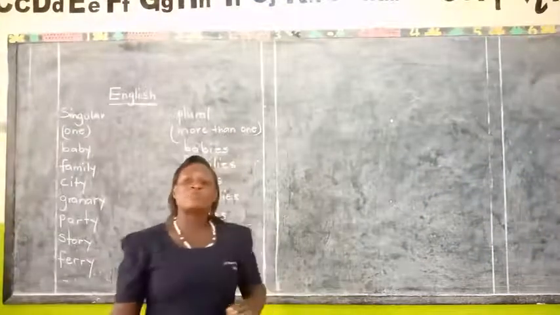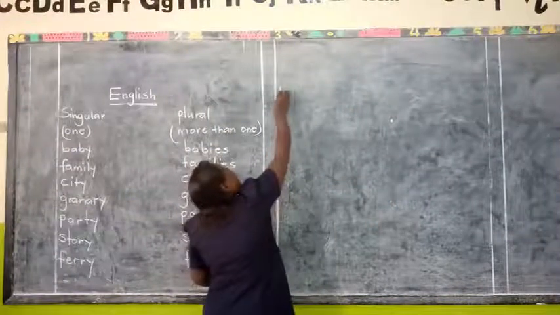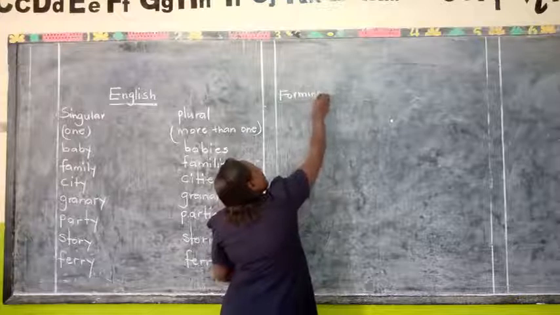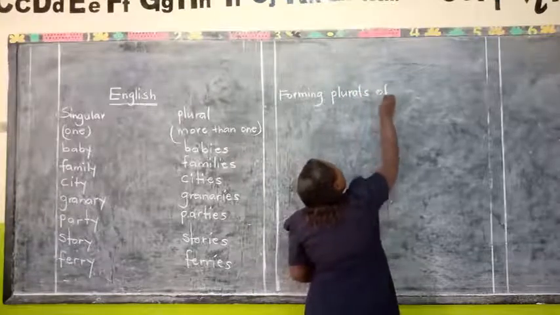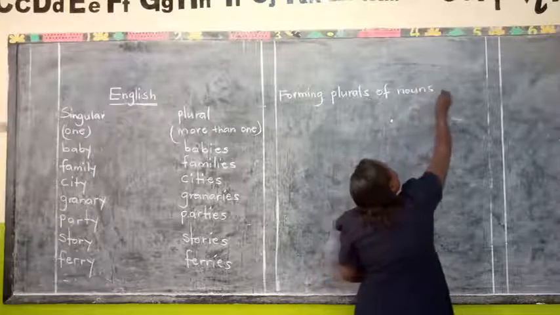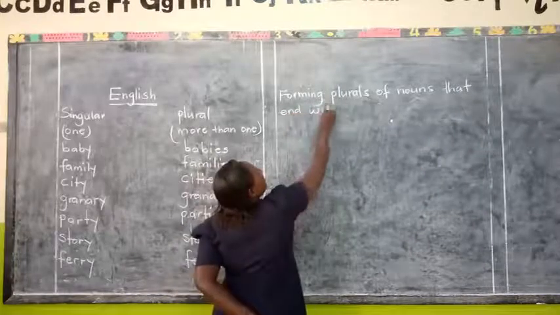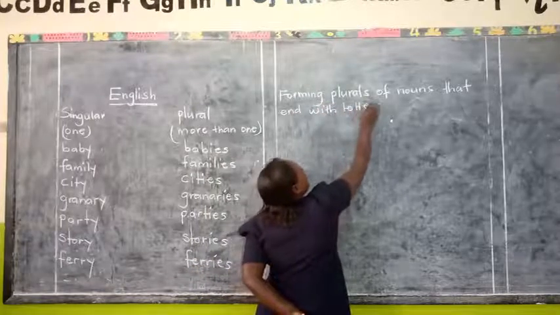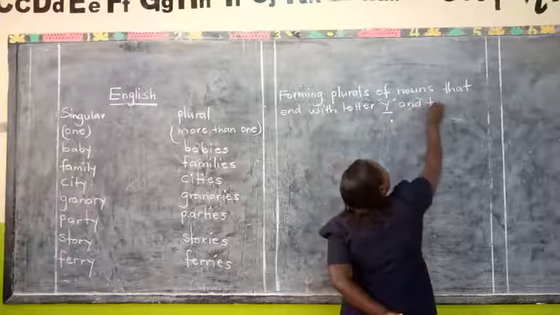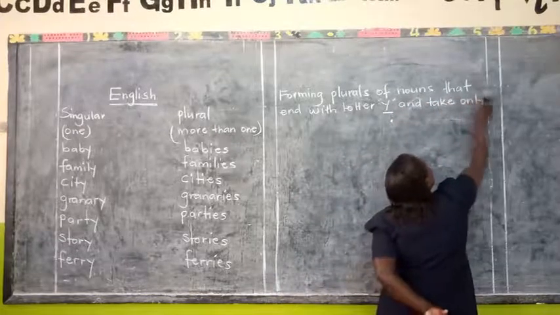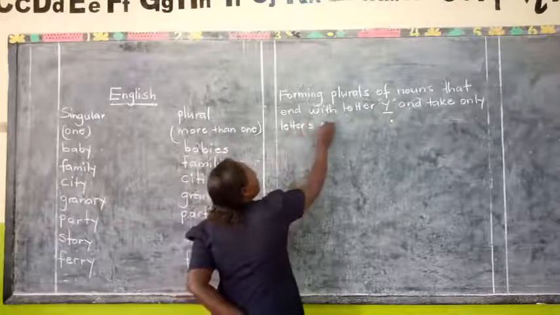So we want to look at forming plurals of nouns which end with Y and take only letter S at the end.